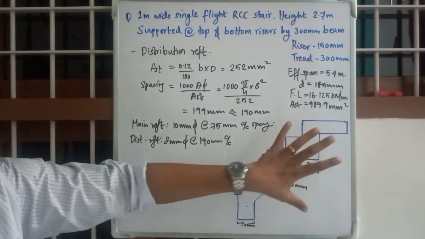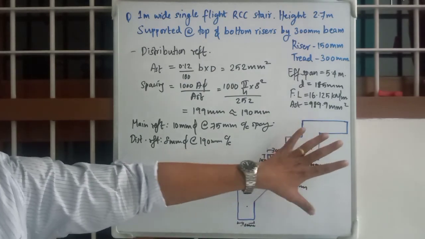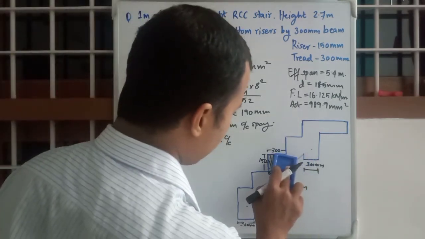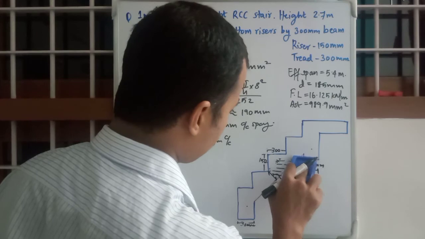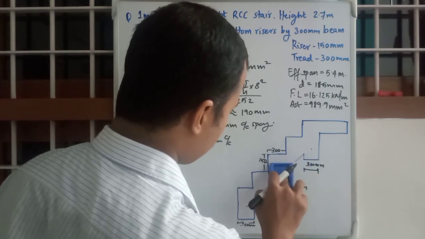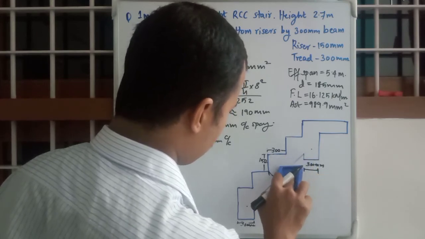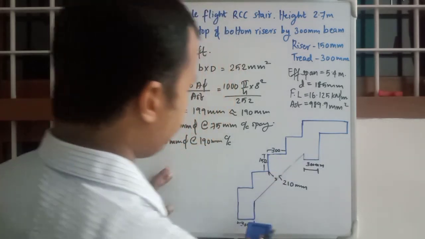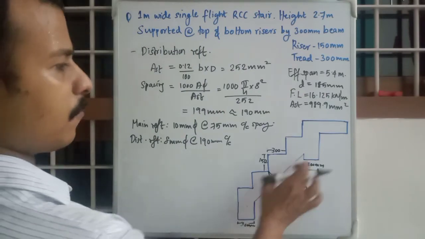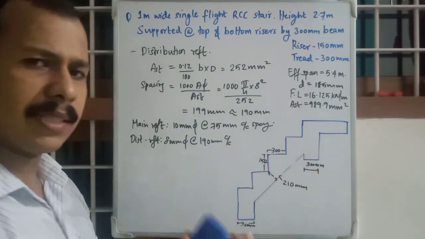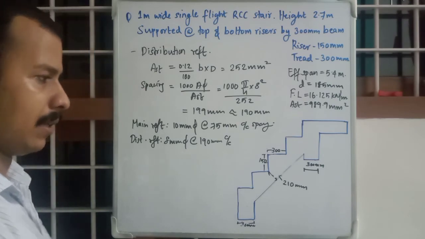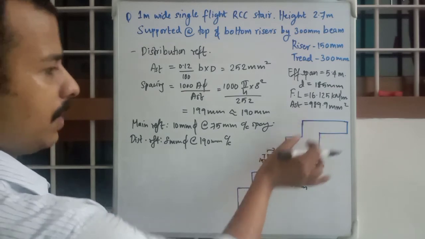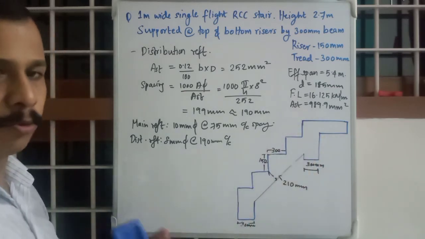Now we will add this detailing of reinforcements into the diagram, and the diagram is important. We will erase these shaded portions. We need not consider the reinforcement of beams, as that has already been designed. You are just considering the reinforcement of this waist slab only. That is what we have designed.